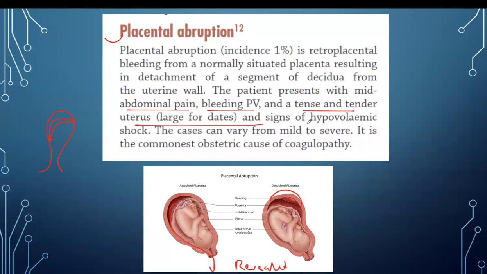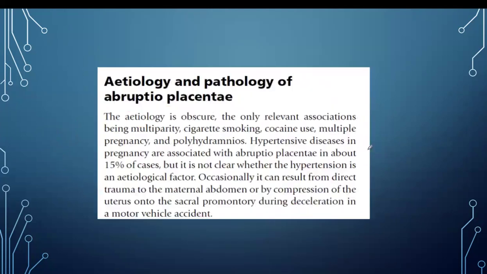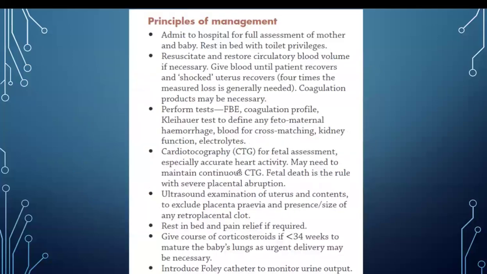And if the patient is bleeding heavily, they can also get into hypovolemic shock. The exact reason why placental abruption occurs is not known, but there are lots of risk factors like smoking, cocaine, multiple pregnancy. All of this can be a cause. So you can give it a read.